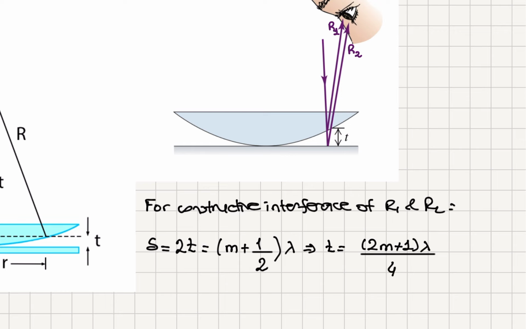Now, which lambda is this? This is for the rays traveling in the medium, which is air here. So this is going to be the wavelength in air.